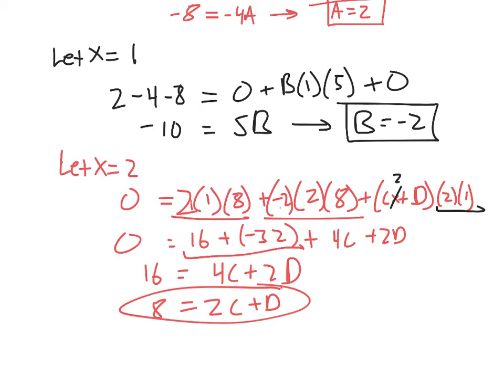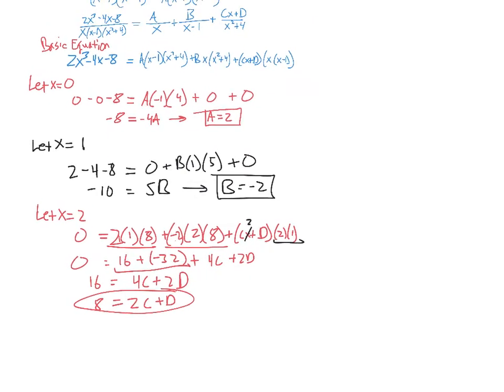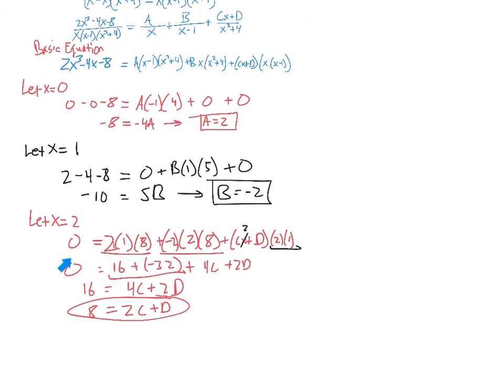Now we need a different equation that has a c and a d in it, because we're going to need a system to solve this. So we need to pick another x. It can be any x. It doesn't matter. Pick something small. Let's go with maybe negative 1. So let x equal negative 1. You could do decimals if you want to be crazy, but negative 1 would be good here. Just something we haven't used.